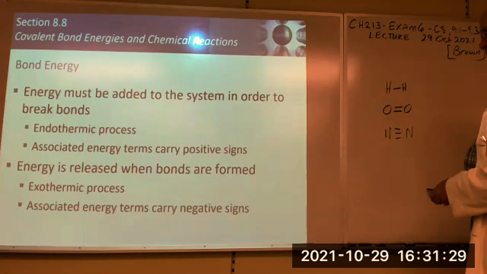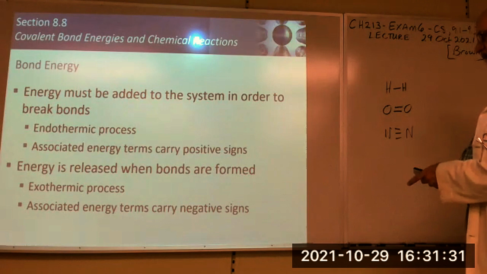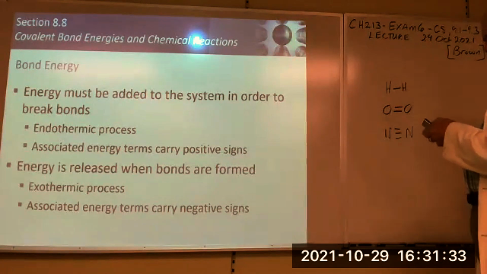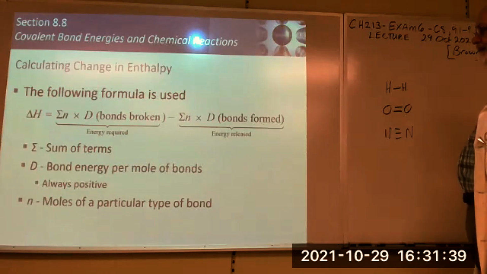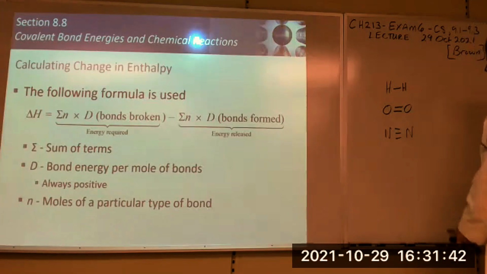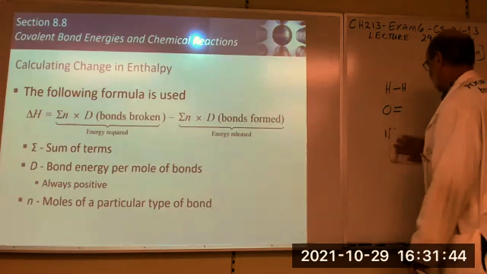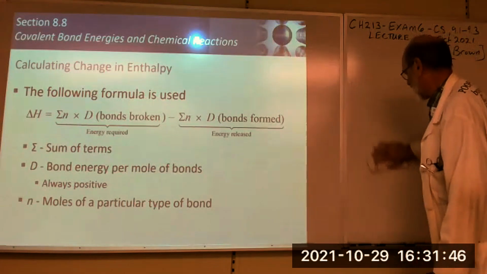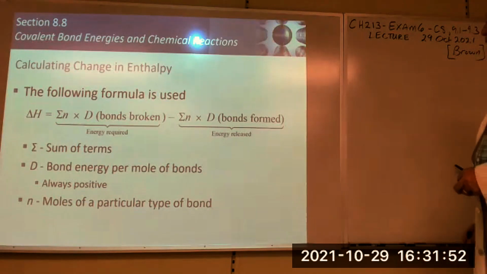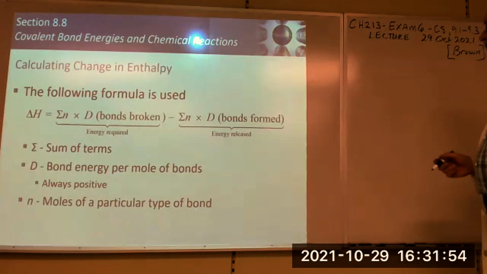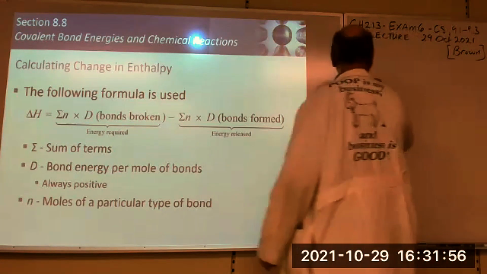Okay, so we've already talked about that. Endothermic versus exothermic. Okay. You can use bond energies to calculate the enthalpy of a reaction. And it's very accurate. So if we know a reaction takes place, say, let's use a simple example.